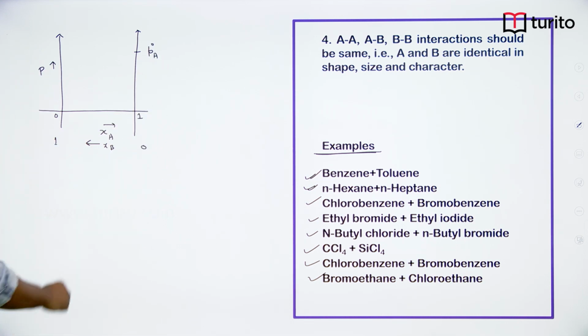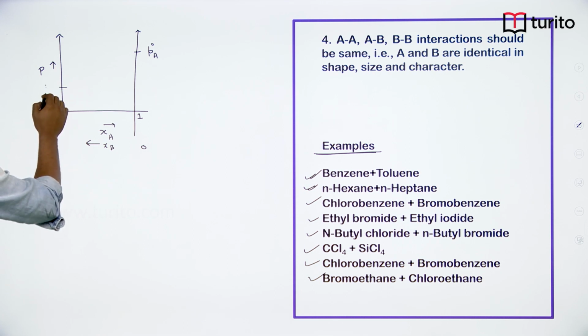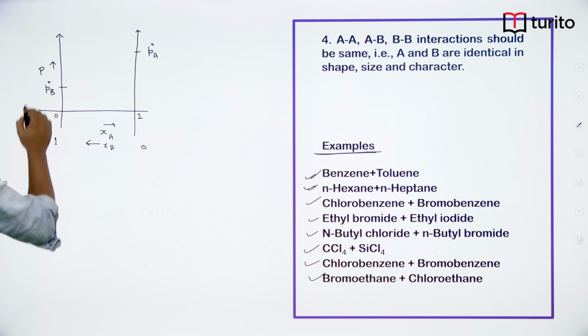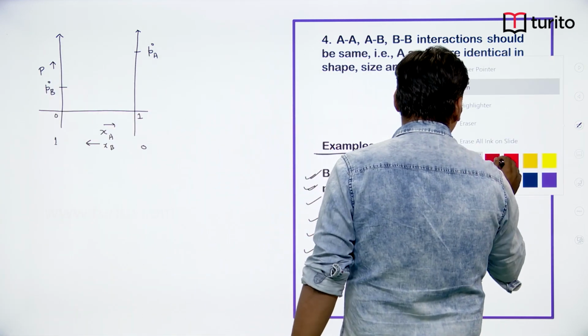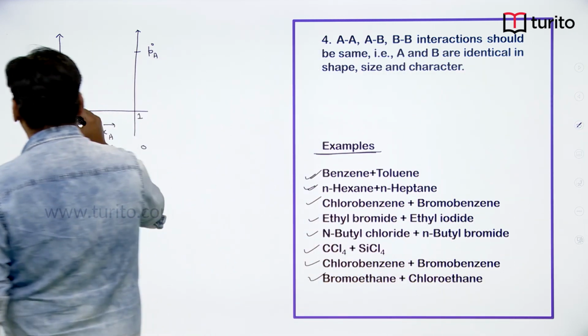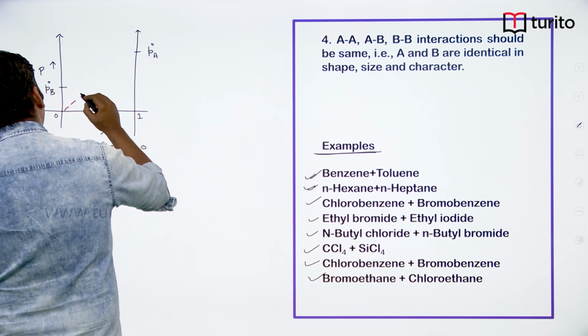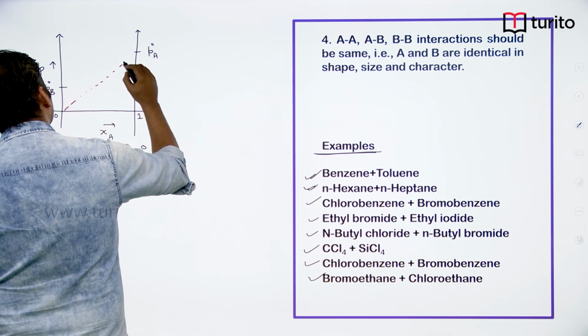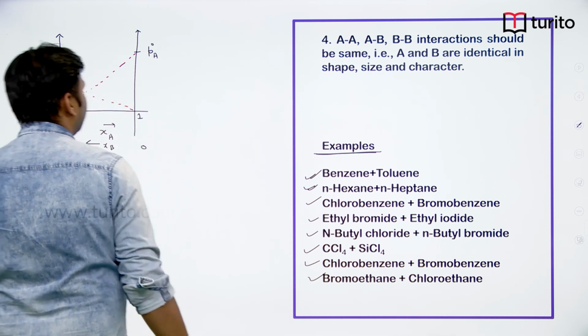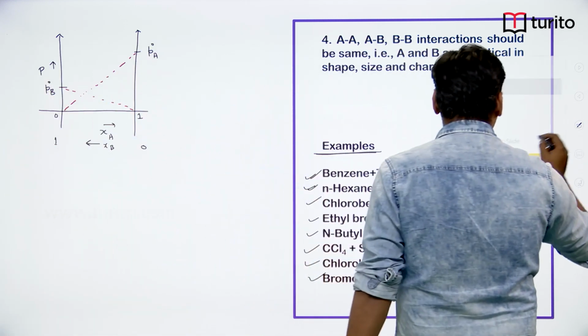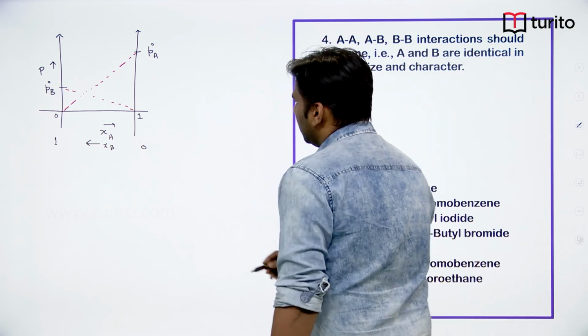When XB is 1 it means only B is present. If we draw the Raoult's line for the individual components, this would be the Raoult's line for the A component, the Raoult's line for the B component, and the total will be this.